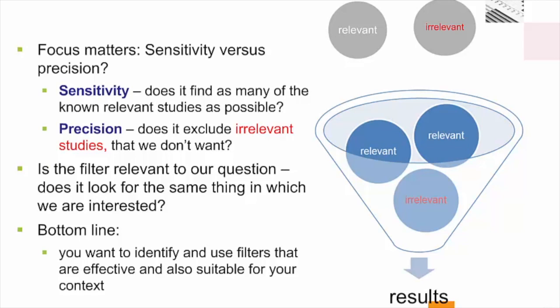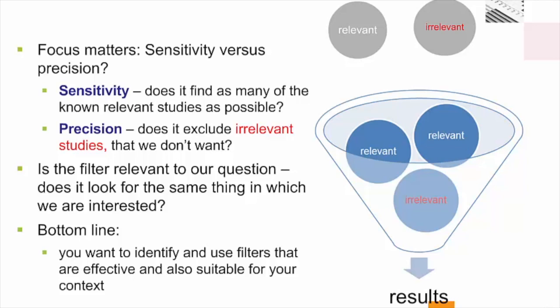So with search filter design, we need to be aware of what the perspective is from which the filter was developed. And what we will usually find is that filters are focusing on performance issues such as sensitivity and precision. So if a filter is focused on being as sensitive as possible, what it really means is that the authors were trying to develop a filter that would find as many of the known relevant studies as possible.